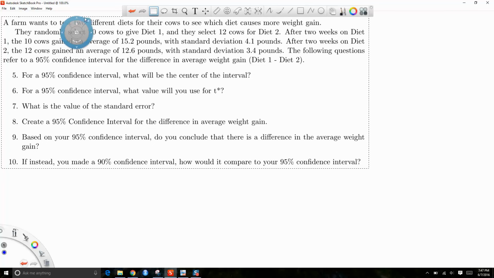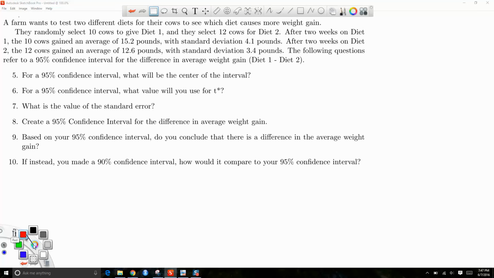Okay, so it says a farm wants to test 2 different diets for their cows to see which diet causes more weight gain. They randomly select 10 cows to give diet 1, 12 cows for diet 2. After 2 weeks on diet 1, the cows gained an average of 15.2 pounds, standard deviation of 4.1.